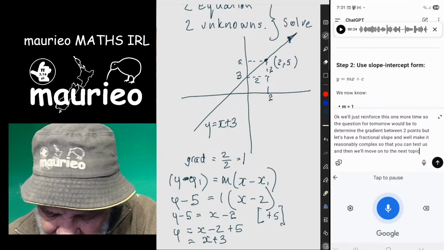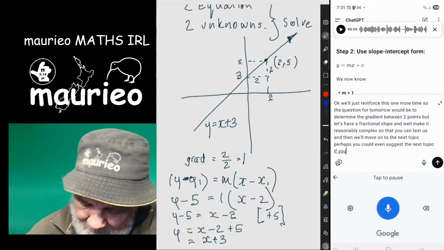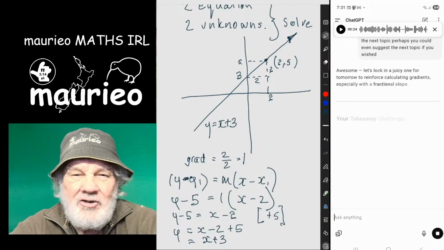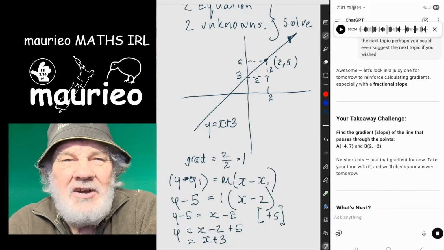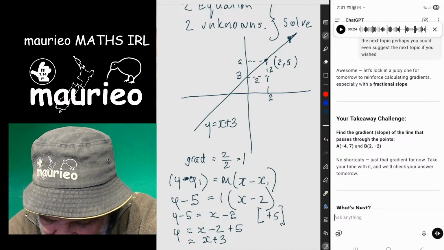Perhaps you could even suggest the next topic if you wished. Let's see what happens. So this is for tomorrow. So we've done a half hour, which is enough for maths. Find the gradient, slope.